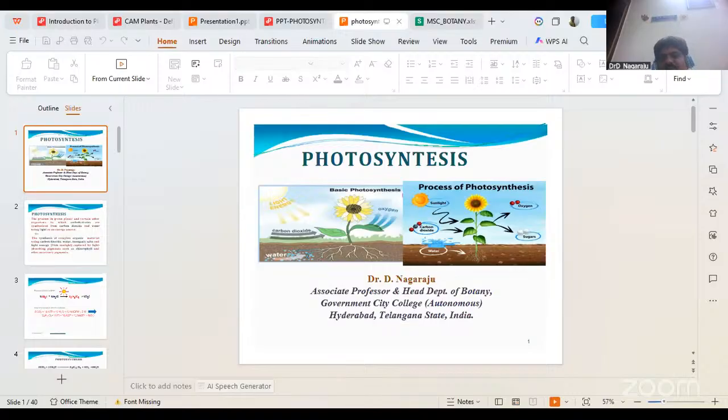This is the main product, and this is the byproduct, oxygen. With that byproduct only we are able to survive. Otherwise, if there is no aerobic condition, in the anaerobic era, no living organisms were there.